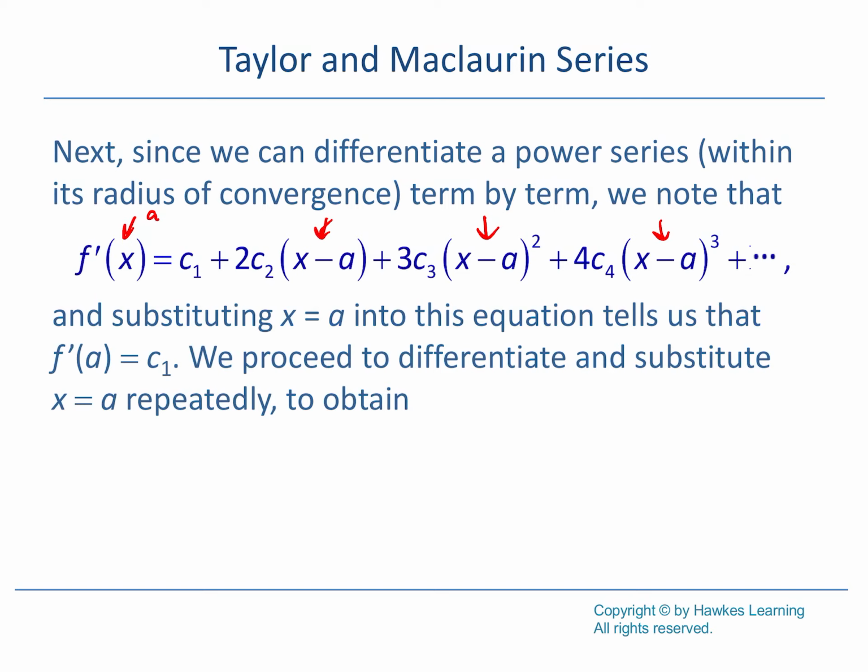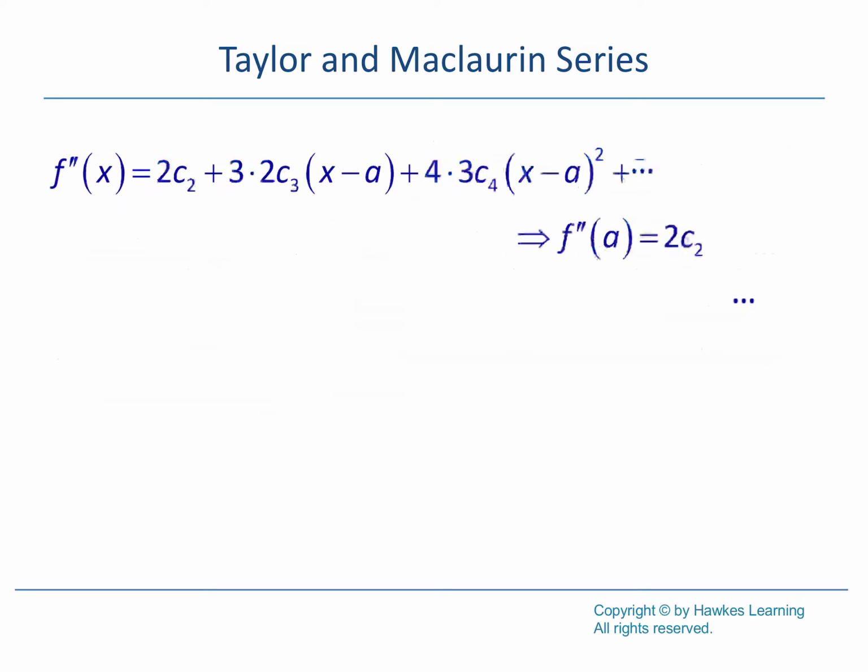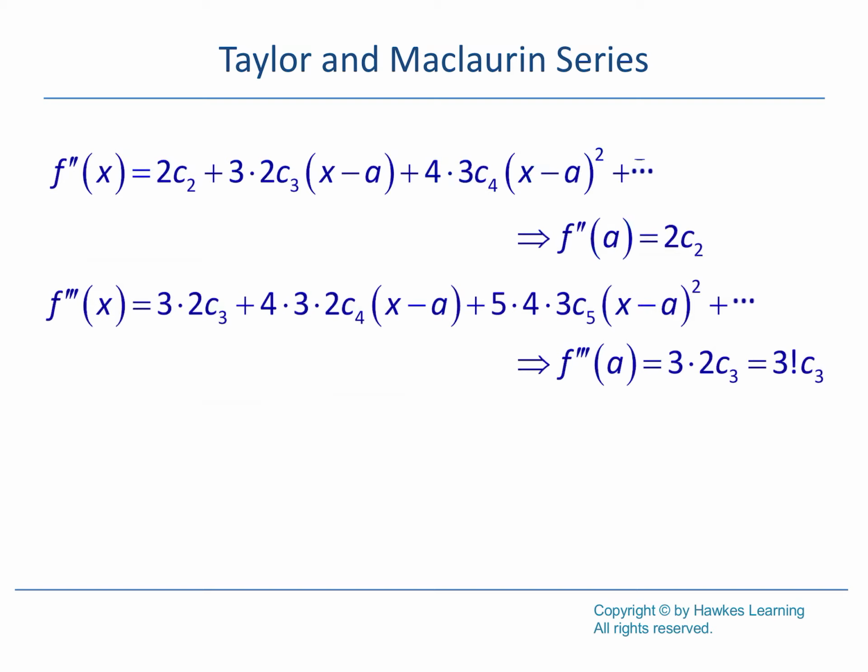If we continue to take derivatives and substitute in x equals a to find the different coefficients at all of the different degrees, we would find that f double prime of a is 2c2, and then f triple prime of a is 3 times 2 times c3, or 3 factorial.